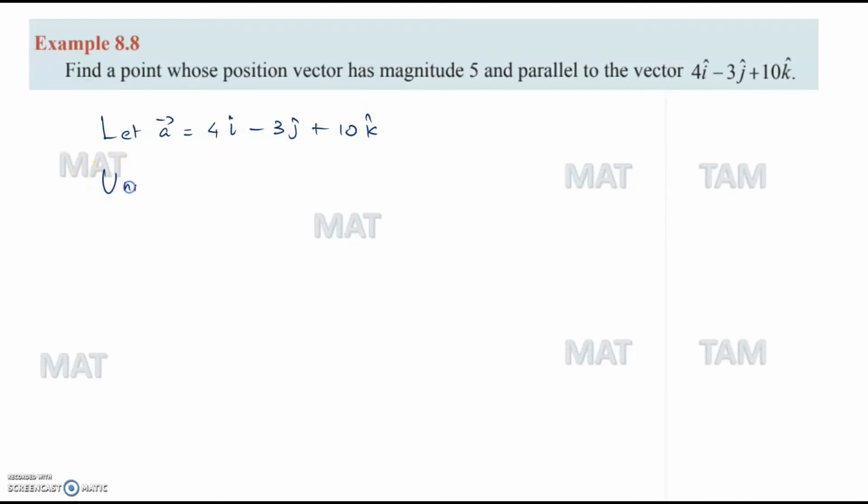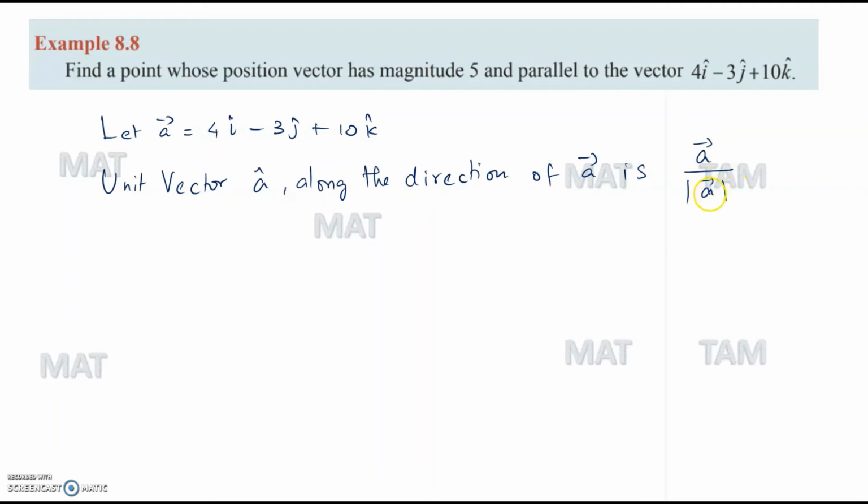Then the unit vector A cap along the direction of vector A is vector A divided by the magnitude of vector A. So let's just try and quickly work out our magnitude of A here.